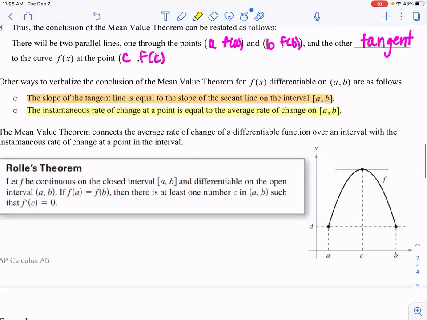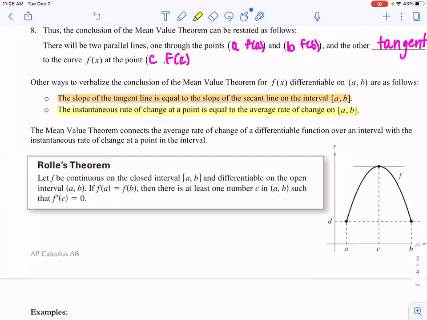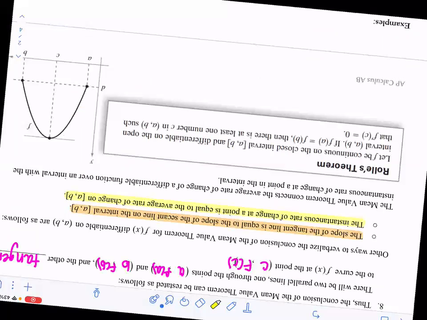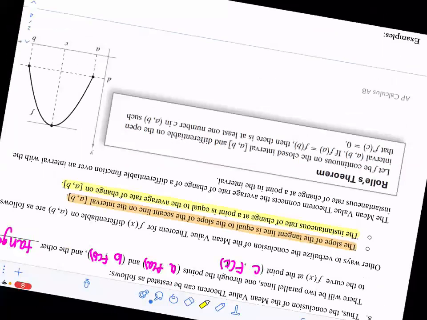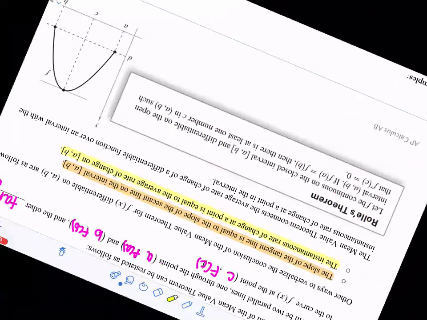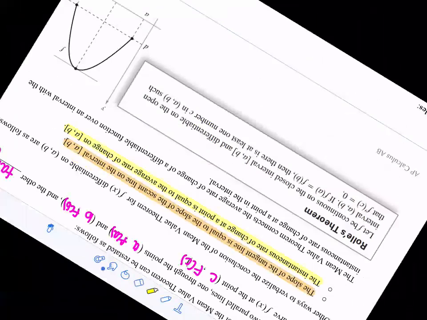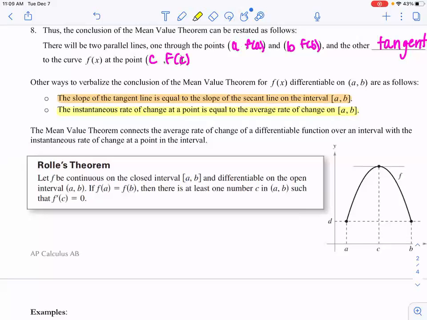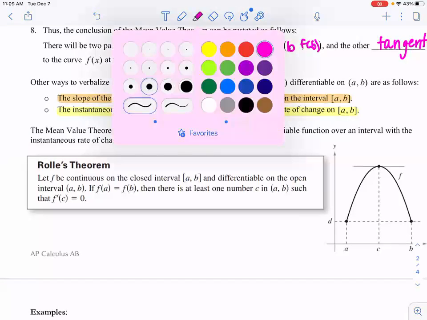Please read through Rolle's theorem quietly, silently, in your head. It's what we just talked about, except what's special about it? It's just more specific.